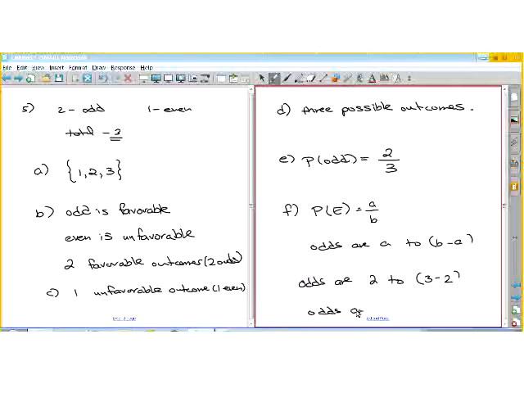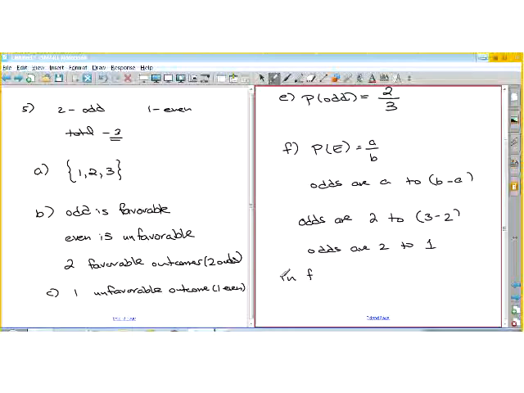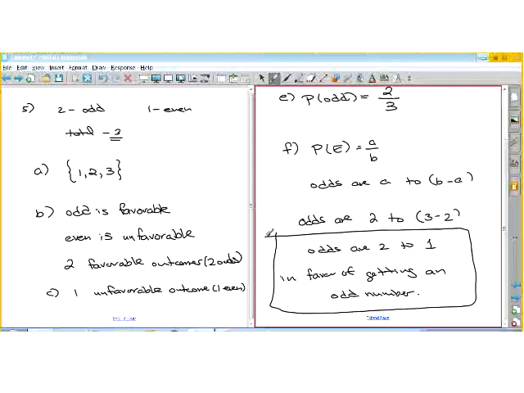The odds are 2 to 1 in favor of getting an odd number. So that's kind of how you would write the thing out. The odds are 1 to 2 in favor of getting an even number. You can say that as well.